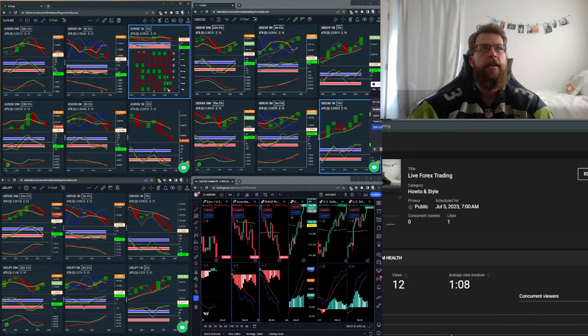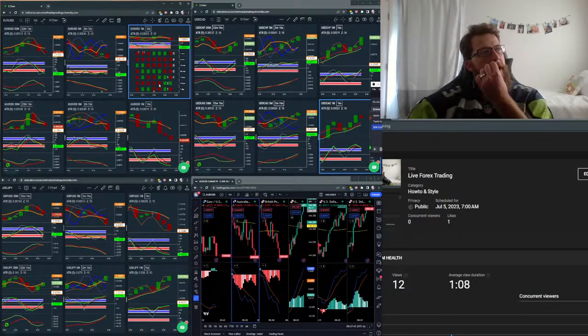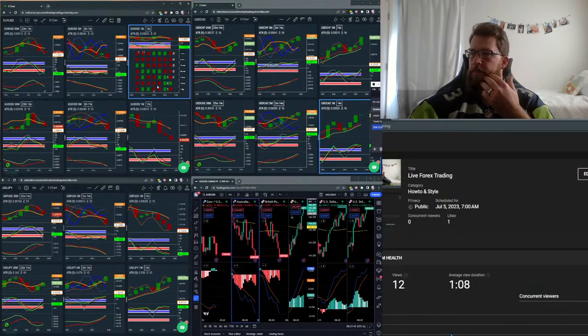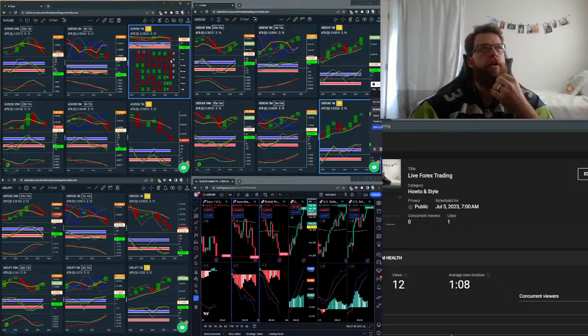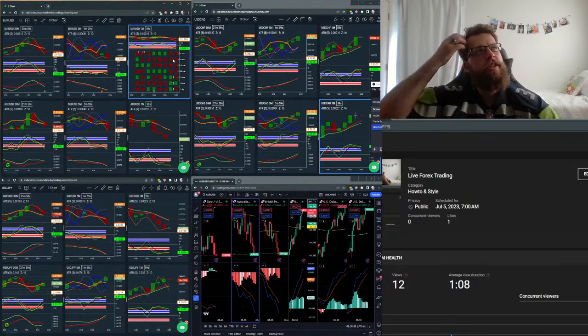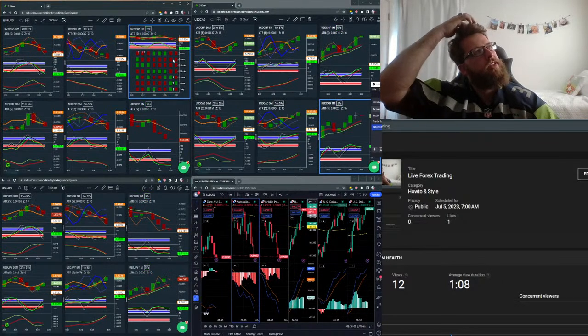So really, 1, 5, 15, 30, 1 hour, 4 hour, 1 day, and then it actually goes out to a week and a month if we could pull it up further. It's meant to show what the trend is on each time frame, which can be a really good reference.